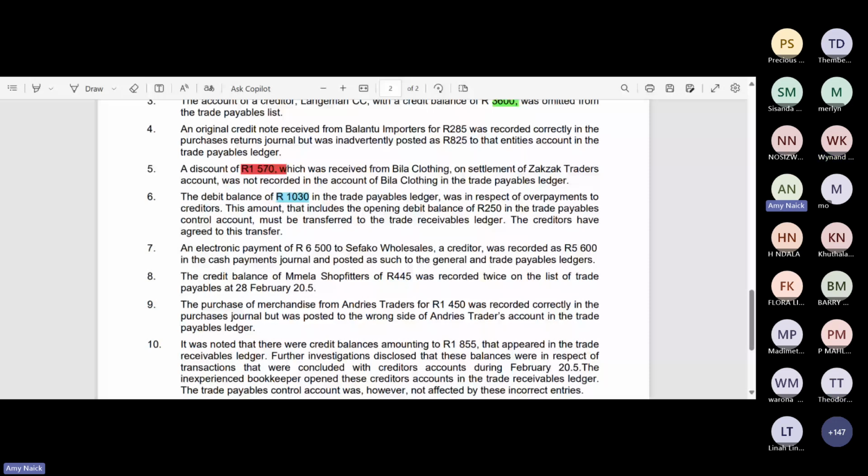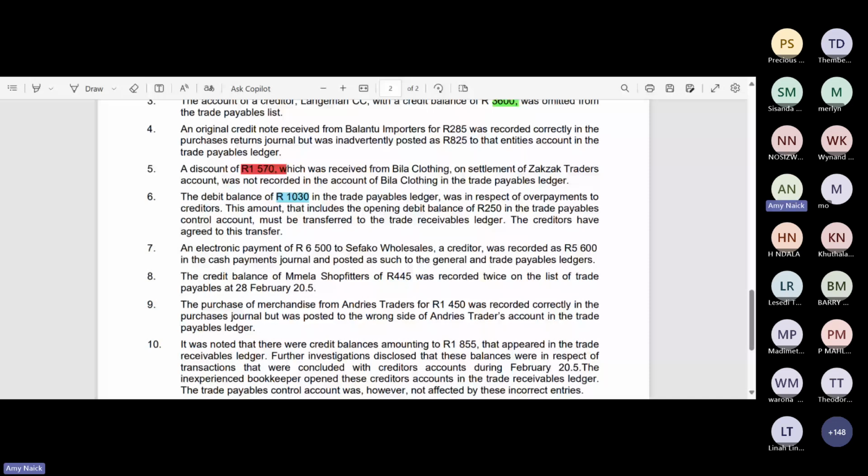Okay, so transaction 4 says, an original credit note received from Belantu Importers for 285 rands was recorded correctly in the purchases returns journal, but was inadvertently posted as 825 rands to that entity's account in the trade payables ledger.